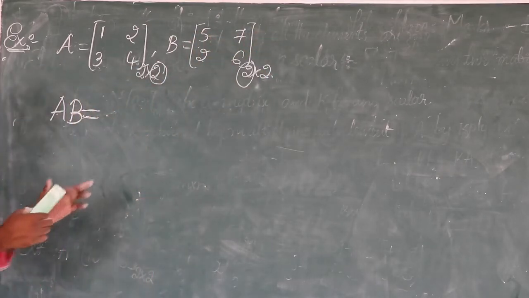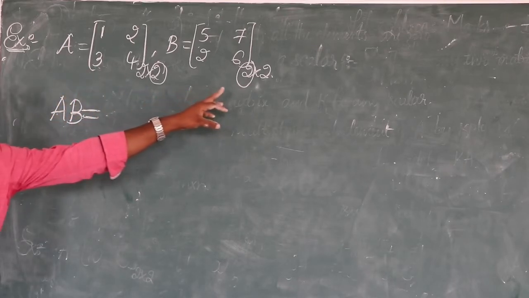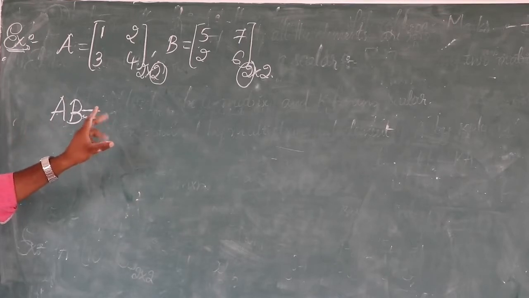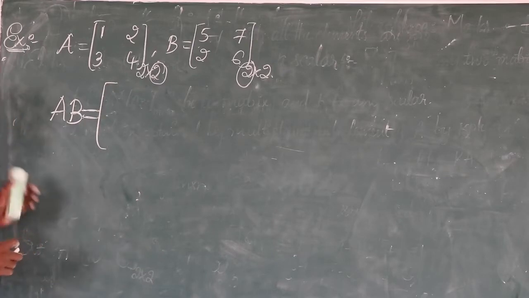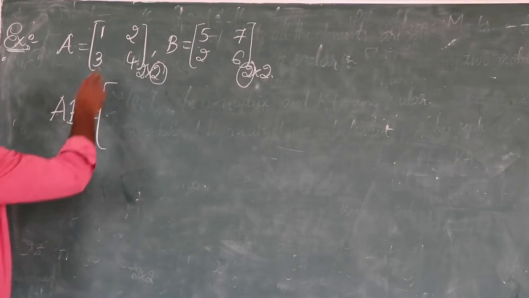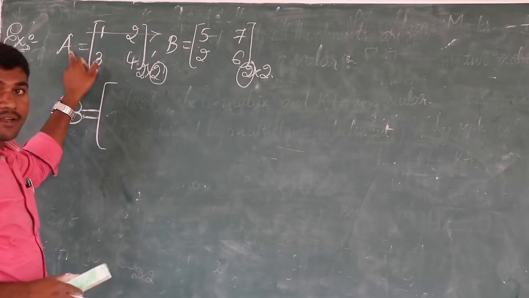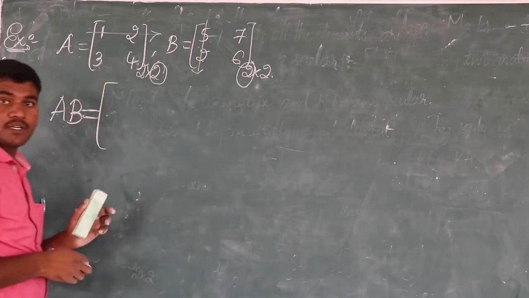See, if number of columns of matrix A is equal to number of rows of matrix B, then the product of the matrices is defined. So the product of the matrices is given as follows. First row, first element: we have to multiply first row elements of matrix A by first column elements of matrix B, like this.